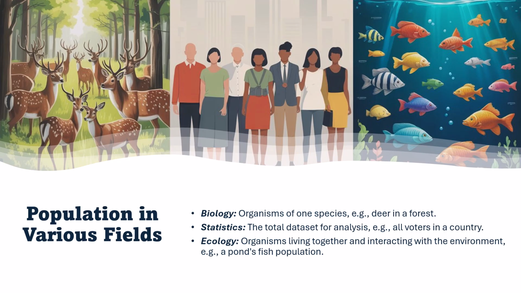In ecology, a population includes interacting organisms in a habitat, like fish in a pond, where relationships with the environment and other species are crucial. Understanding these contexts highlights how the population concept drives research, planning, and problem solving in multiple fields.